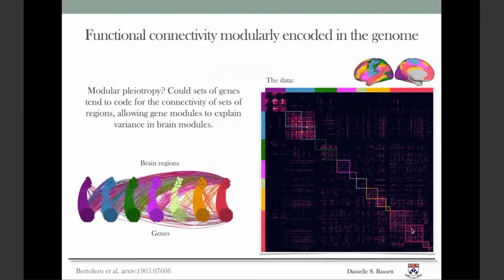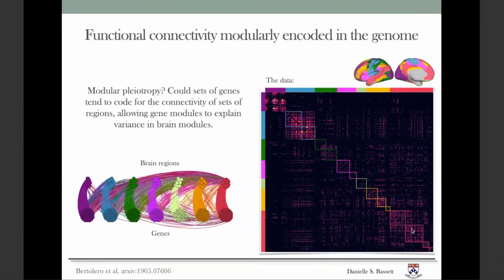So here is the idea, which is that there may be sets of genes down here that code for the connectivity of sets of brain regions, basically allowing one gene module to explain variance in one brain module. And so this is the picture of what we were hypothesizing to be the case. And then here is the data.